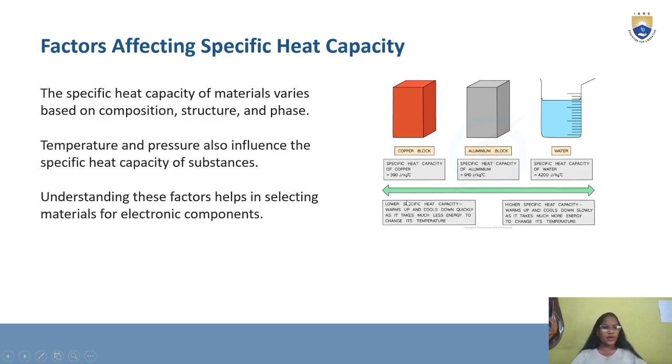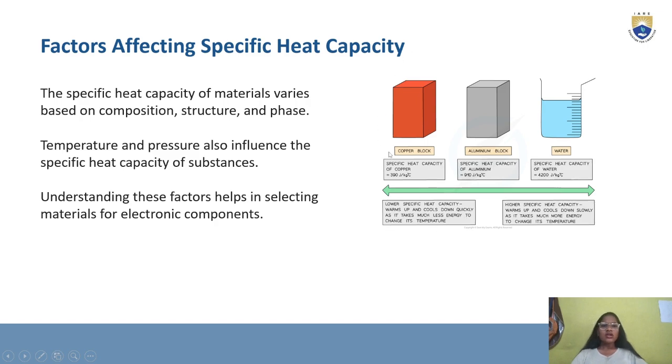Lower specific heat capacity warms up and cools down quickly. So we all know that the metal gets easily warmed up and easily adapts to the heat, and it takes much less energy to change its temperature.